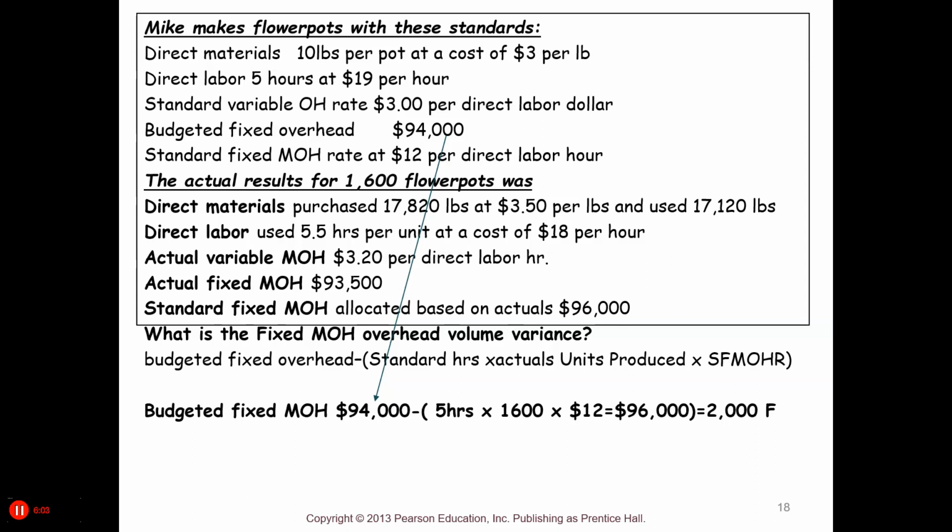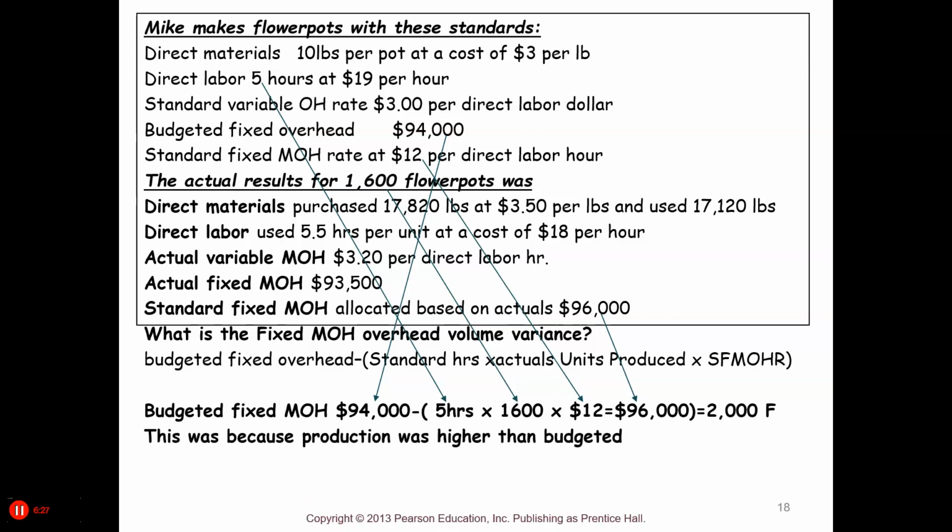Now the second part, they gave us the standard fixed manufacturing overhead allocated based on actuals, but I wanted to show you how you get that. You take your standard hours times the units produced times the standard fixed manufacturing overhead rate, and you get the 96,000, which is what they showed you in the problem, which tells us we spent 2,000 less, which means it's favorable. This was because production was higher than budgeted.